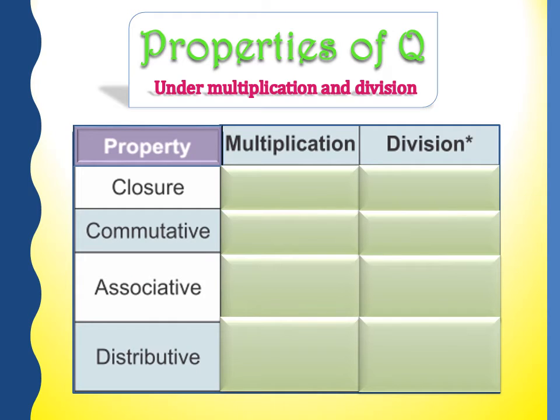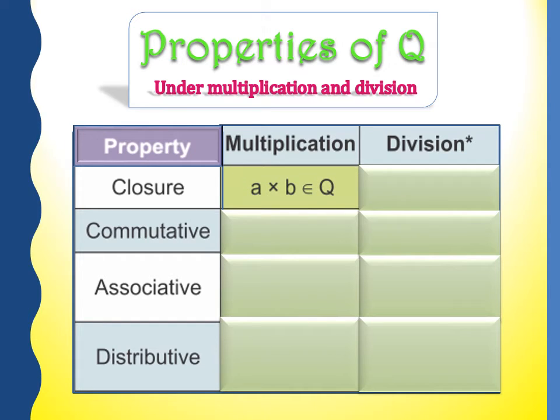Now middle one, let's talk about properties of rational numbers under multiplication and division. The first property is the closure property. Rational numbers are closed under multiplication.